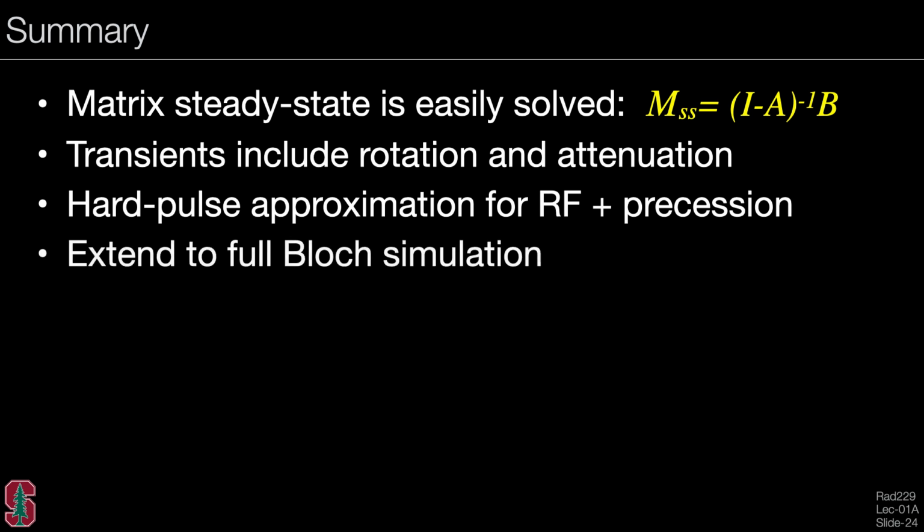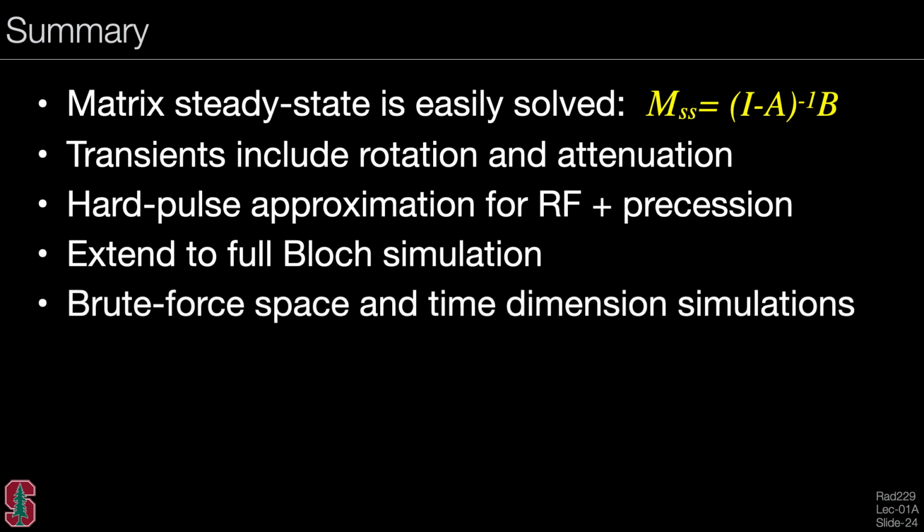We can extend the hard pulse approximation to a full Bloch simulation, as you saw in the example with a steady state sequence and a real RF pulse. And you can also do brute force simulations over both space and time dimensions, and we'll see how these can be extended.